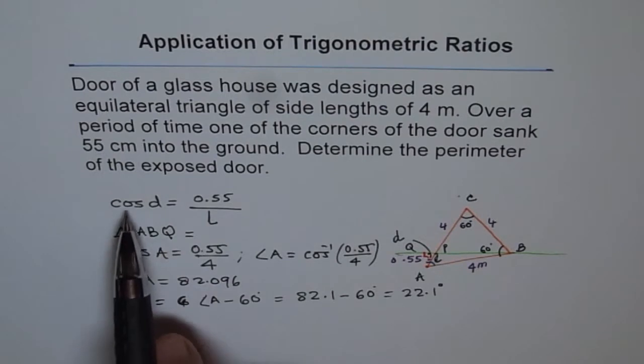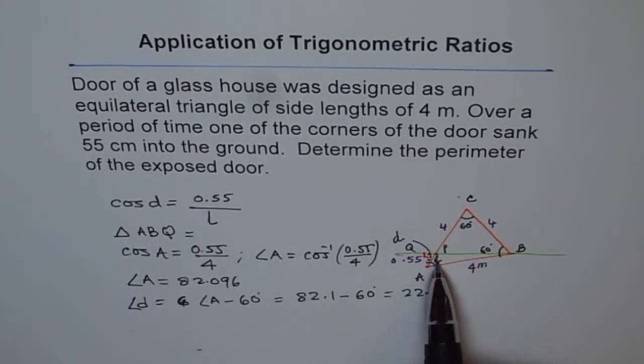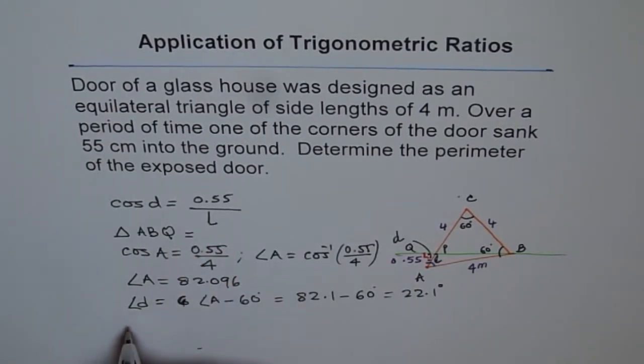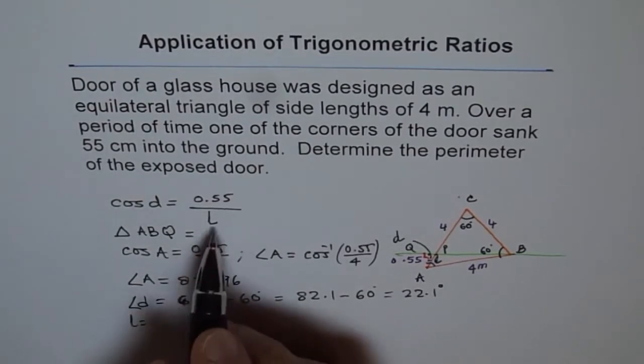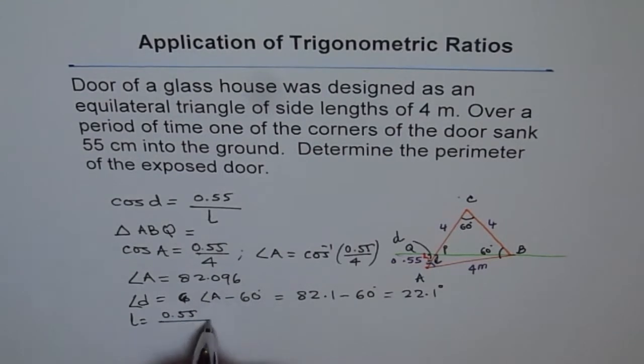So we started with cos D equals 0.55 over L. Now we know angle D, so from this equation we can write L equals 0.55 over cos of 22.1.